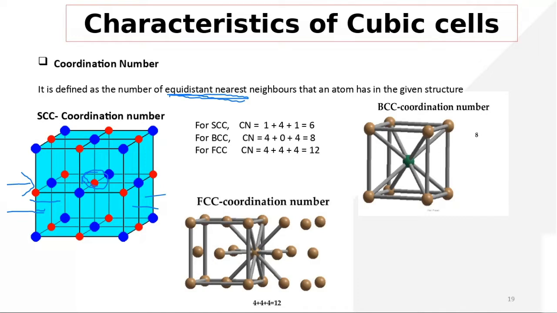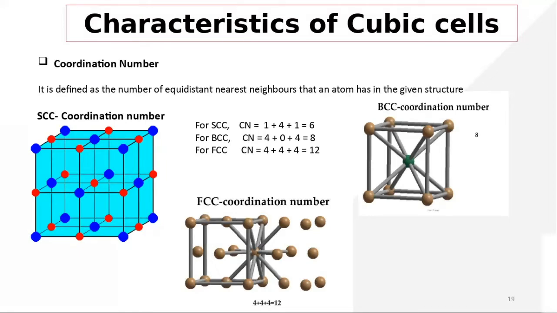You can see in the unit cell, if we are talking about a cubic cell, this distance is a, this distance is also a, and this distance is also a. All a, b, c are equal for the cubic crystal. And if we talk about this particular atom that I have circled here, how many atoms are equidistant from it?